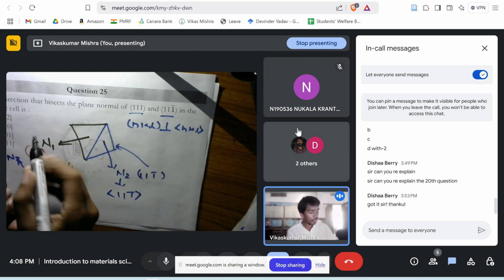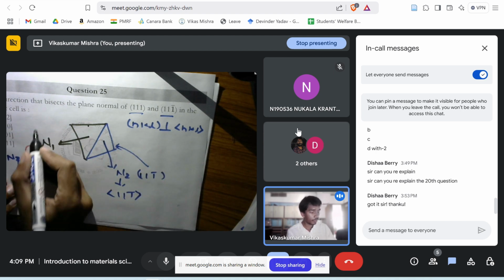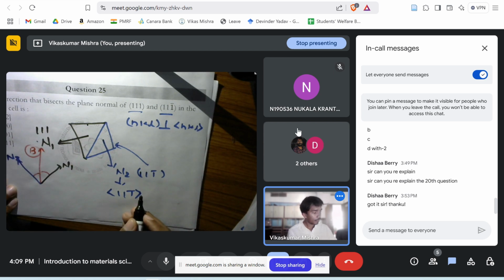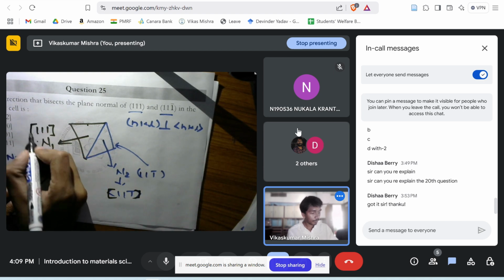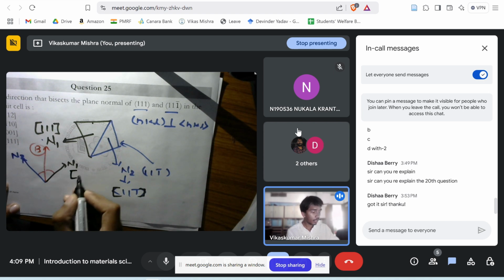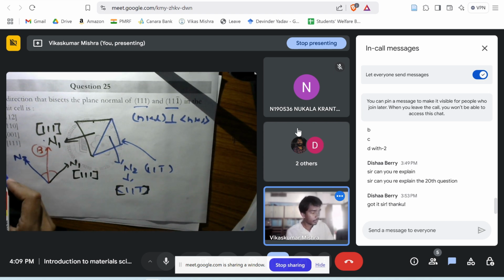The normal of the black one will have the same indices as the plane, that is [111]. I should write the square bracket. So I found the Miller indices of both the normals: N1, which is 111, and N2, which is 111 bar.